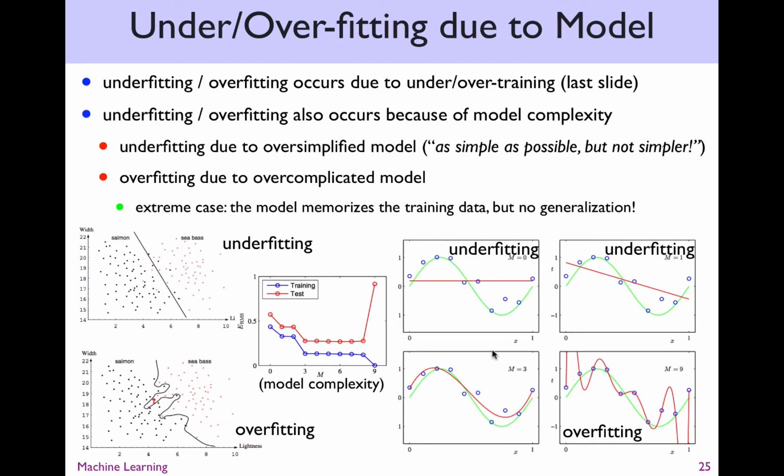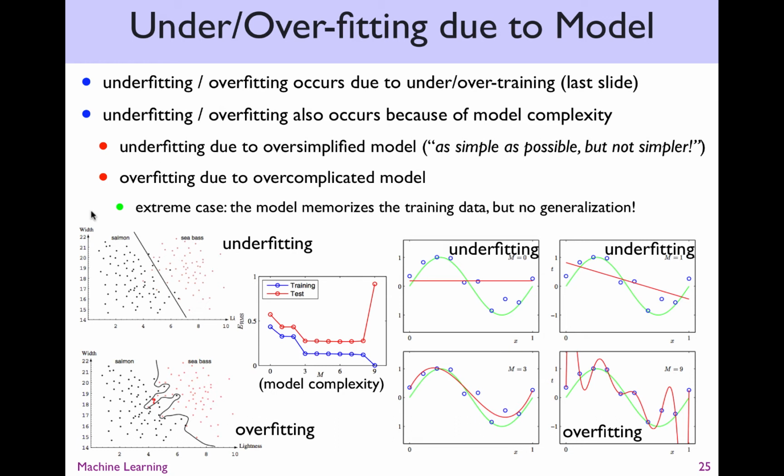Okay, the last slide we talked about underfitting or overfitting due to undertraining or overtraining. But a more common case of underfitting and overfitting is because of model complexity. So underfitting can occur if you have an oversimplified model, right?